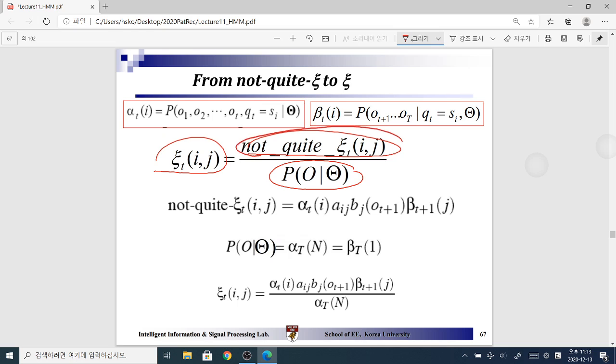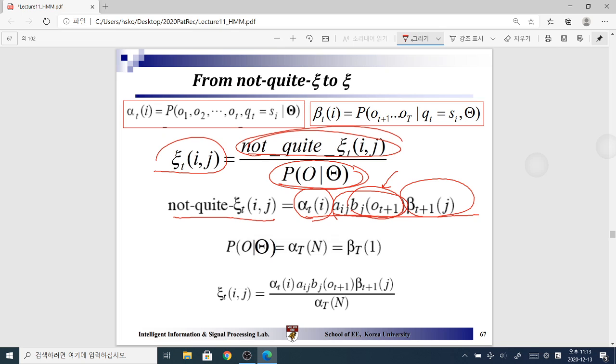And we saw that the not quite psi sub t of ij is essentially the product of the forward algorithm, alpha sub t of i, times the backward algorithm, beta sub t plus 1 of j, and then the edge between state i and state j, which happens to be a sub ij times b sub j of o t plus 1.